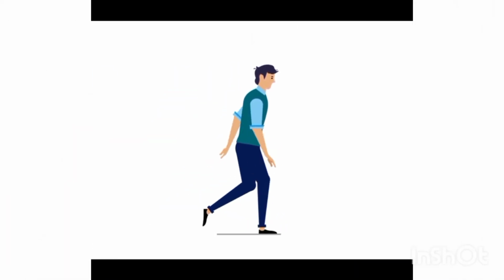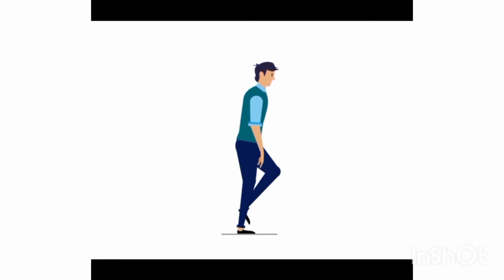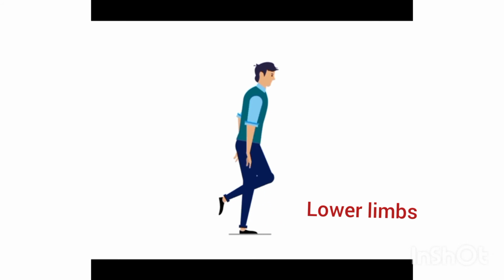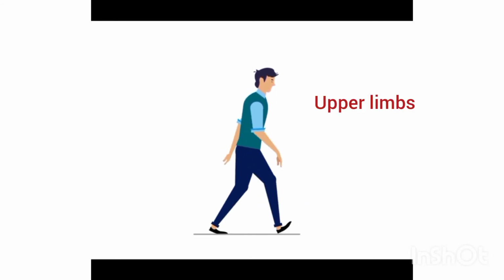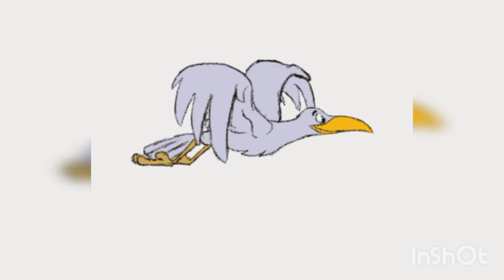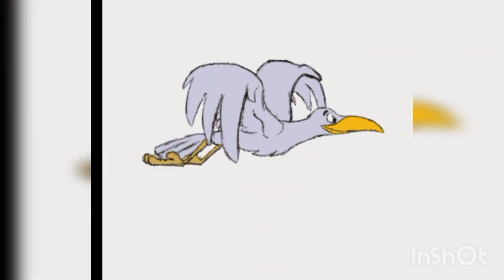Movement in humans. Human beings walk upright with the help of two legs or lower limbs. Their upper limbs are called arms. Movement in birds. Birds fly with the help of their wings. Forelimbs are modified into wings, which help them for a smooth flight.